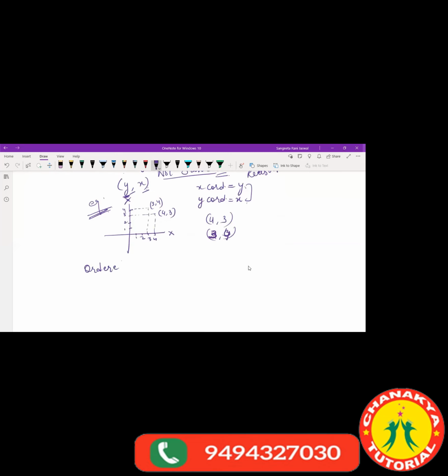We call this x, y an ordered pair. Why pair? Because they go together, in a pair. And why ordered pair? Because order is important in this case. x has to be in front, y has to be behind. It cannot be yx. So we call it an ordered pair also.